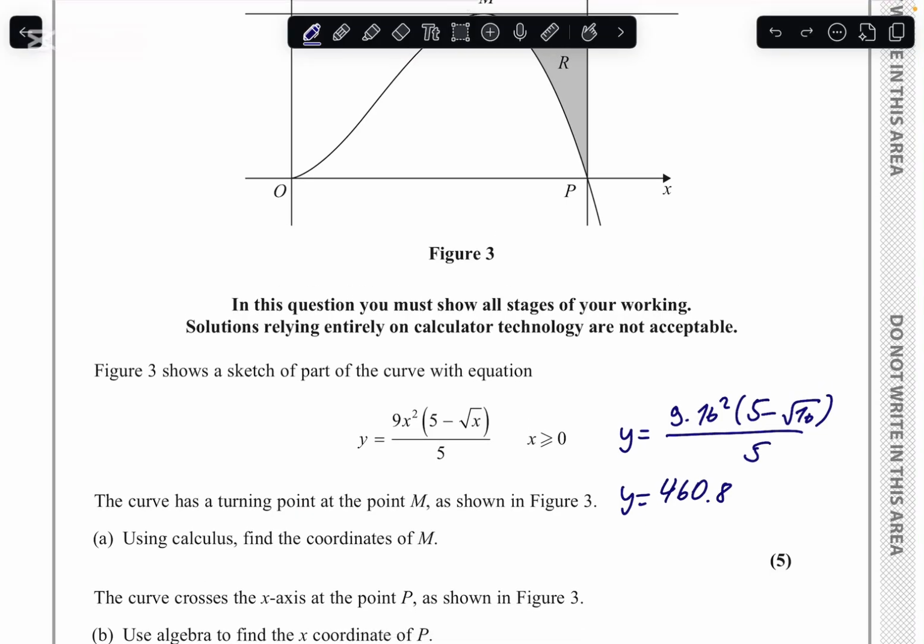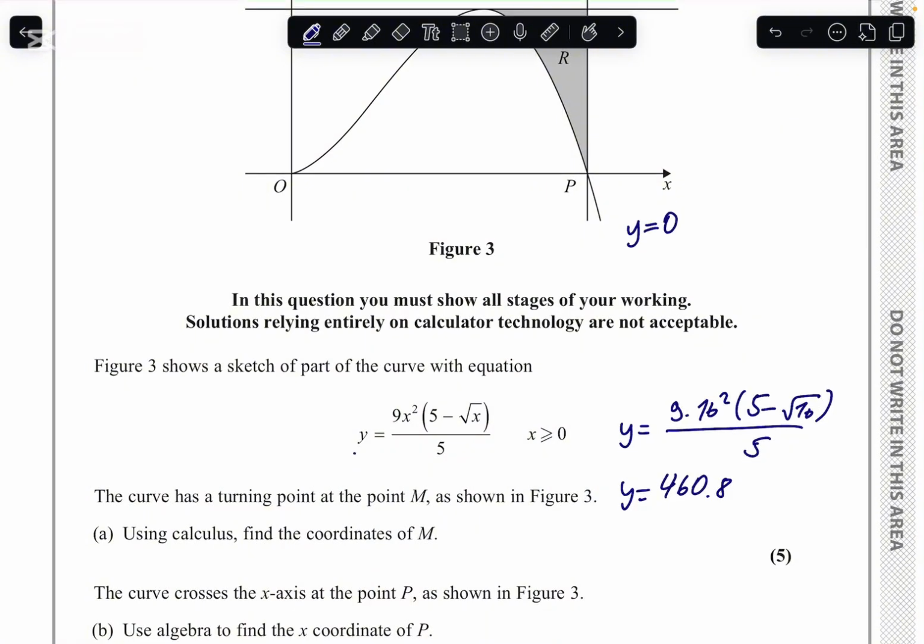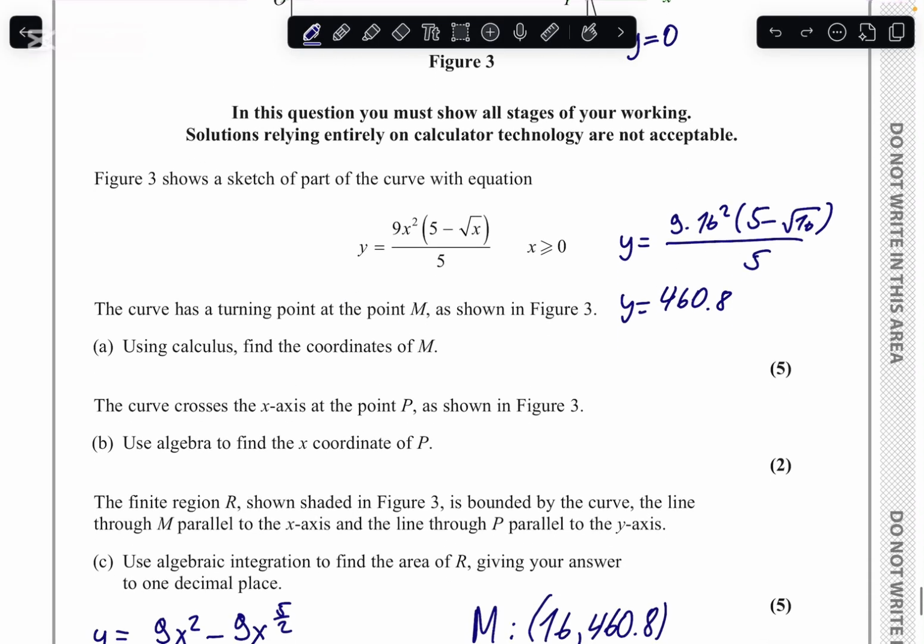So since it crosses the x-axis, we know that the y value is 0. So we just substitute y for 0 in this equation here, and we should find a value of x.